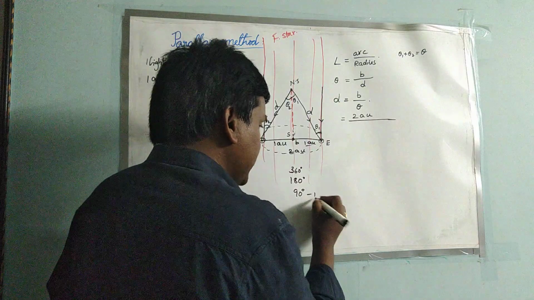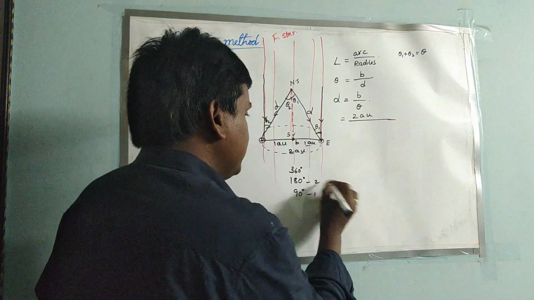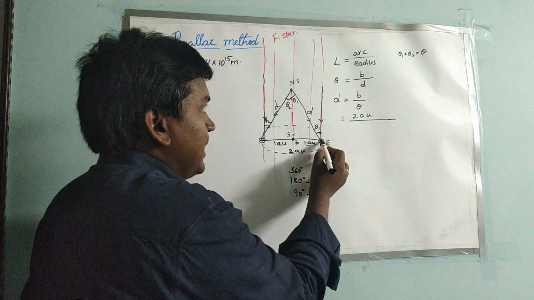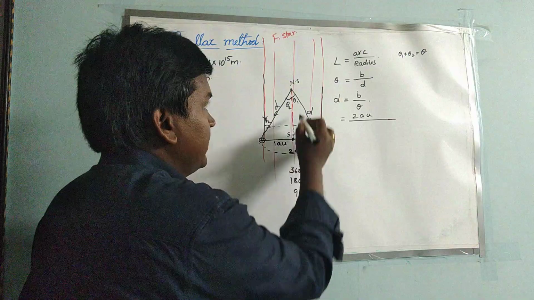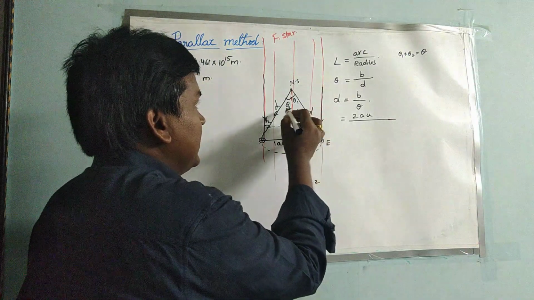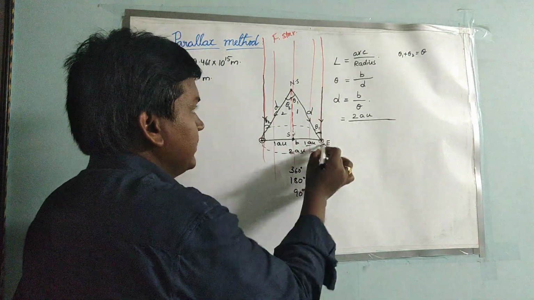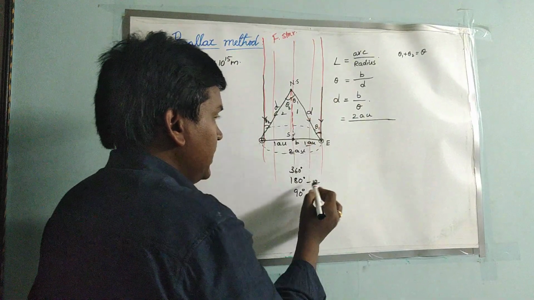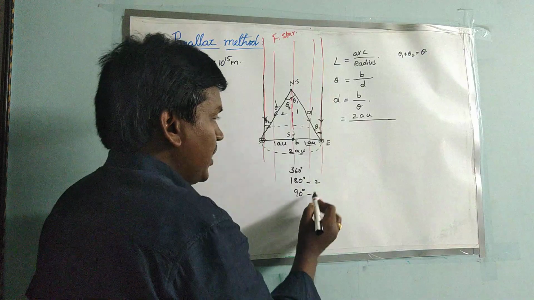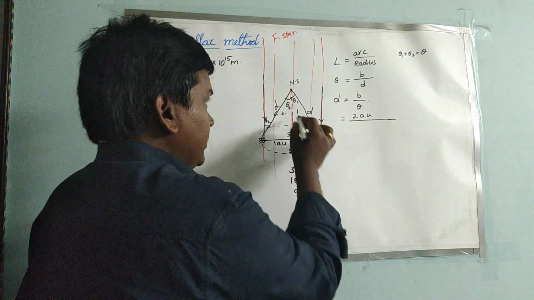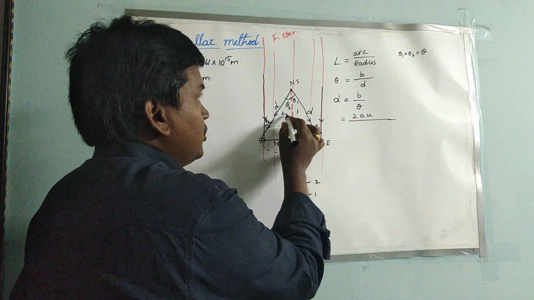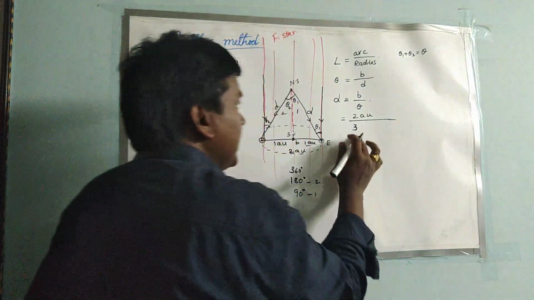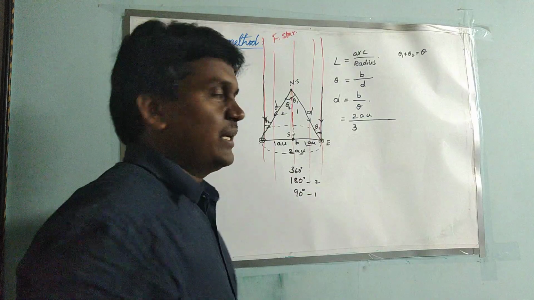If I consider the quarter as 1 and half as 2, then you see the earth traveling from this place to this place: this is 1 and this will be 2, 180. Complete 180 here to here, so 2, and this is 90, 1. And now the complete angle is 2 plus 1, 3. Here we have to consider this as 3 seconds.